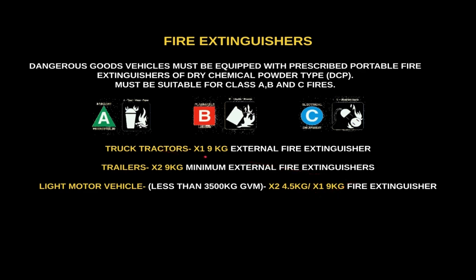So please remember this. Truck or tractors can have one 9 kilogram fire extinguisher. Your trailers must have two 9 kilogram fire extinguishers. And your light motor vehicle, you can either have two 4.5 kilograms or one 9 kilogram fire extinguisher. And remember, it must be your dry chemical powder, your DCP.